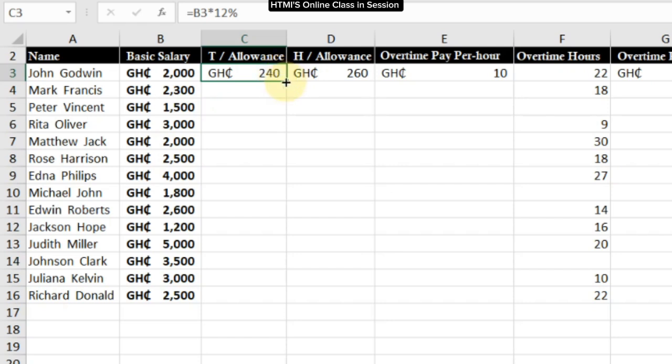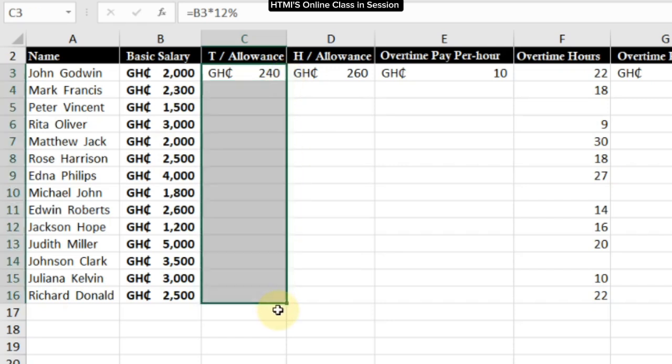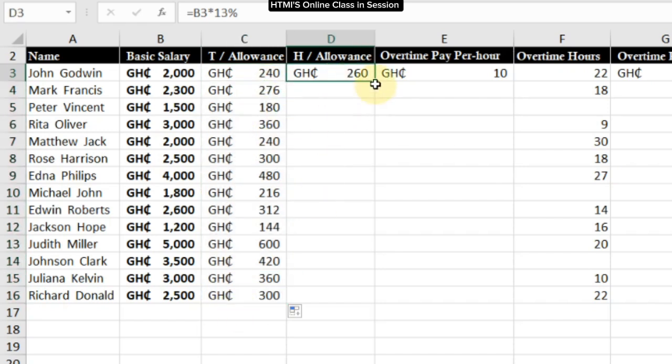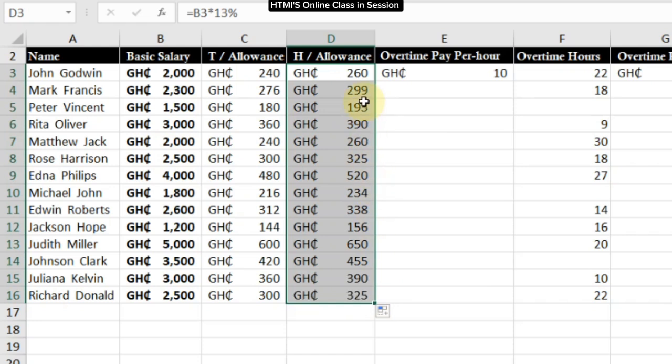When you put it at the bottom right, and your cursor changes to this type of cross, you click and drag. You see that you get the total transport allowance for each of the workers. You click on the housing allowance, because the percentage is already there. When you drag it across, you see the housing allowance for each worker, because their basic salaries are different. That's why you have different figures.